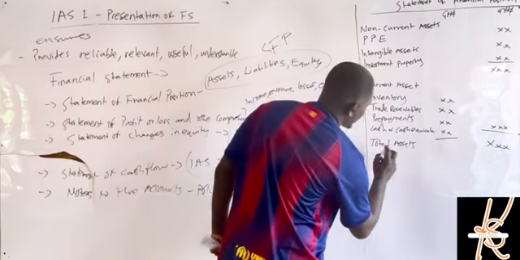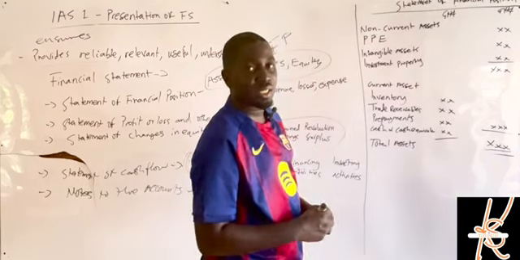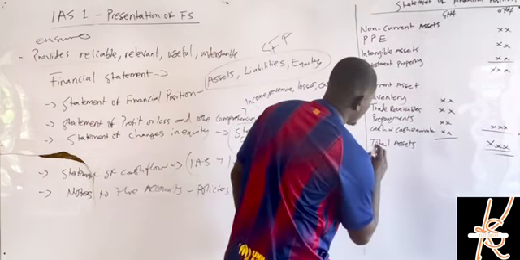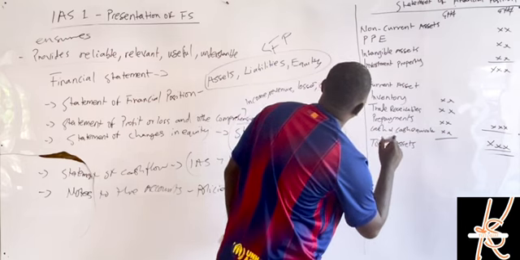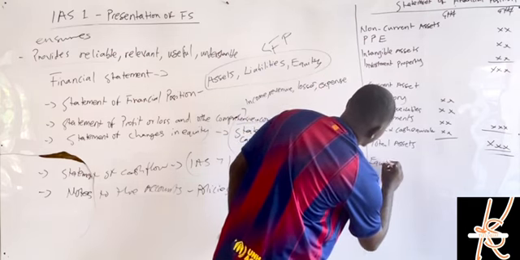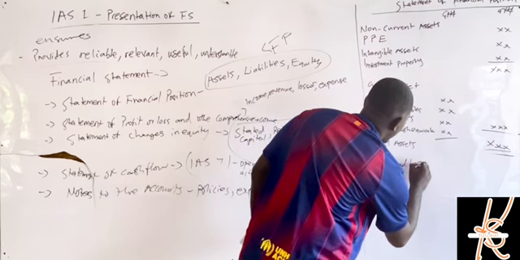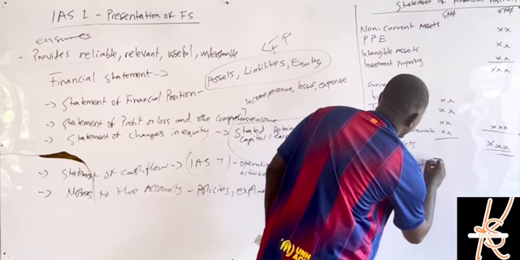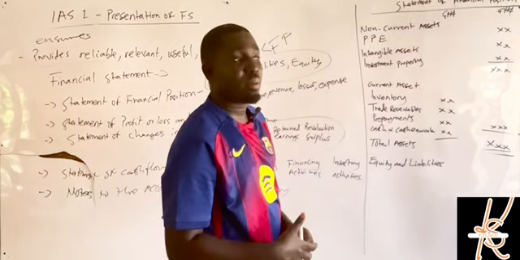Let me close this side. So now we've closed our assets. Now we move on to our equity and liabilities. Our equity and liabilities.